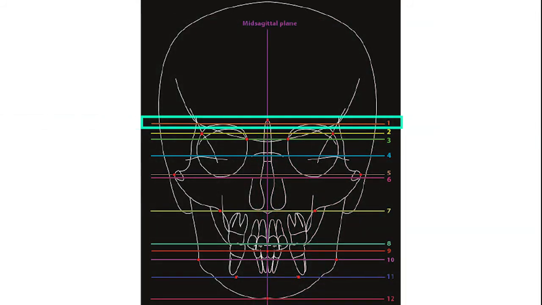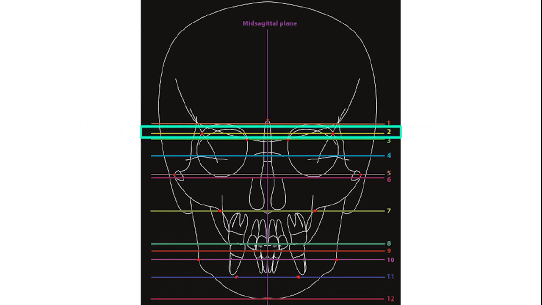From now on, the horizontal reference planes will be introduced. First is the superior transorbital plane. It is a line connecting the most superior point on the contour of the left and right superior orbital outline. The next is the interlateral orbital plane.